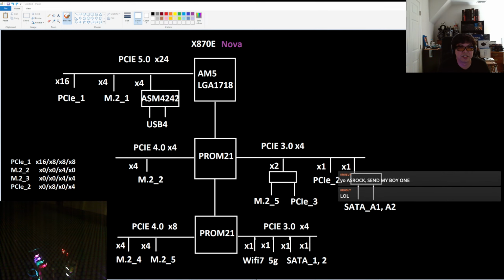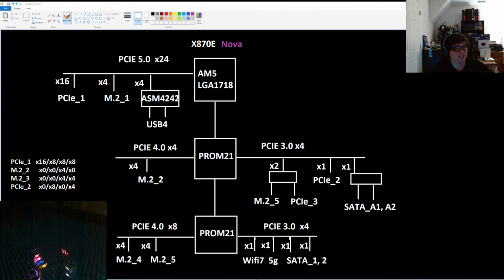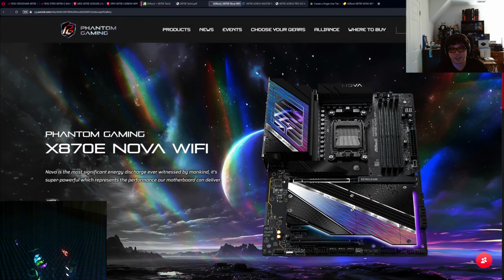That motherboard is insane. The thing is, guys, you have to remember, with computer hardware being as expensive as it is these days, it is very, very rare to find a motherboard that offers that much value.